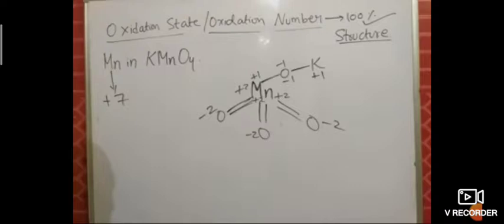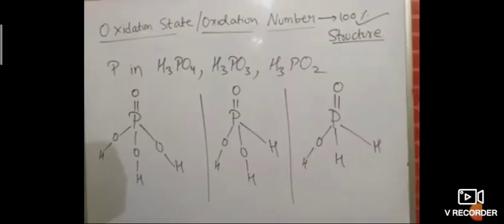So when you draw the structure, Mn has a double bond with 3 oxygens, a single bond with 1 oxygen, and K. When you see this structure, manganese gains 3 times plus 2 from 3 oxygen atoms and plus 1 from 1 oxygen atom. So it will have a plus 7 oxidation state. Manganese is the highest oxidation state element. The oxidation state of manganese in KMnO4 is plus 7.